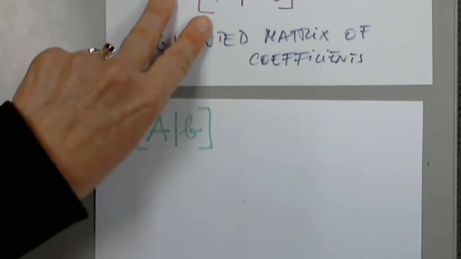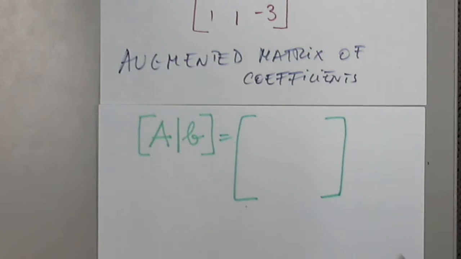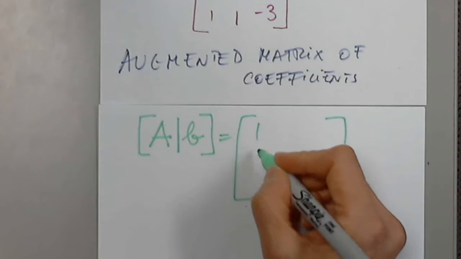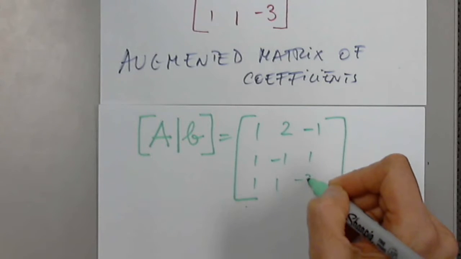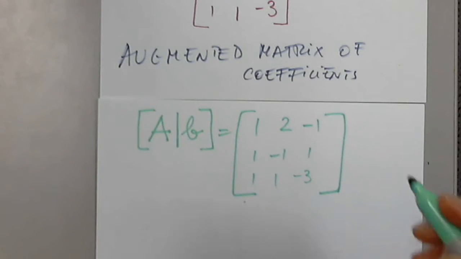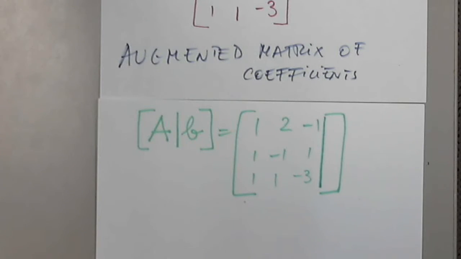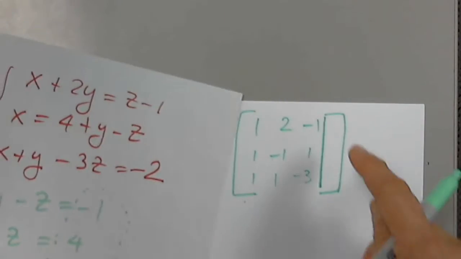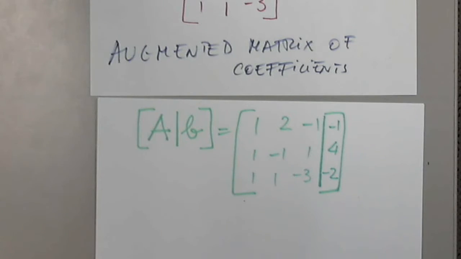So it equals big braces. I copy the matrix 1, 1, 1, 1, 2, negative 1, 1, negative 1, negative 3. I draw a vertical line after I'm done with the matrix of coefficients. And now I'm going to copy in the last column, negative 1, 4, negative 2.